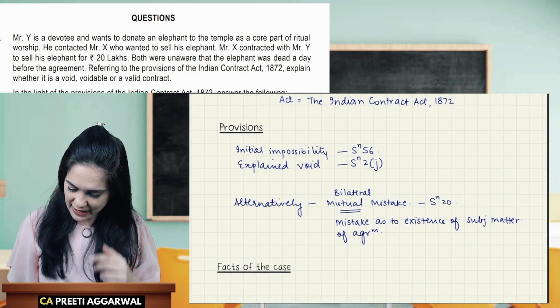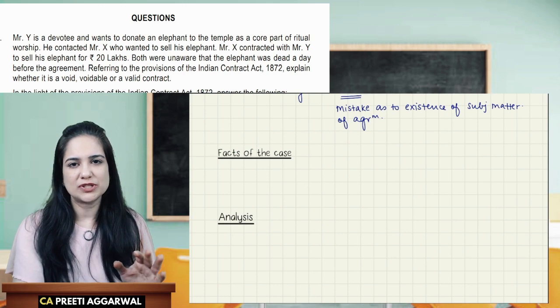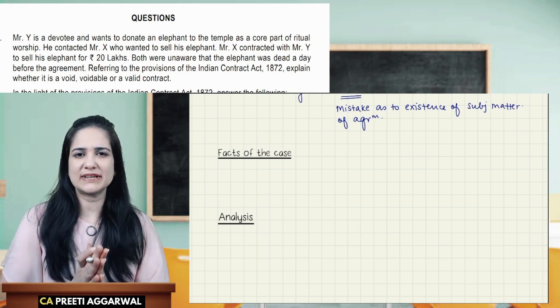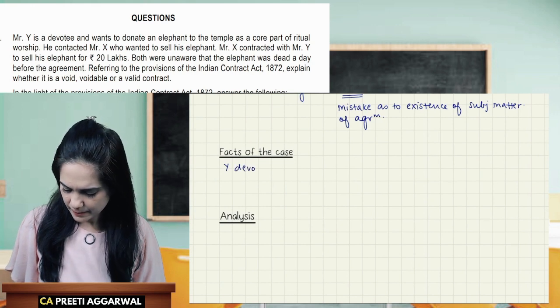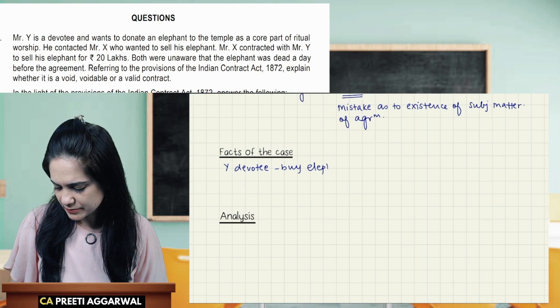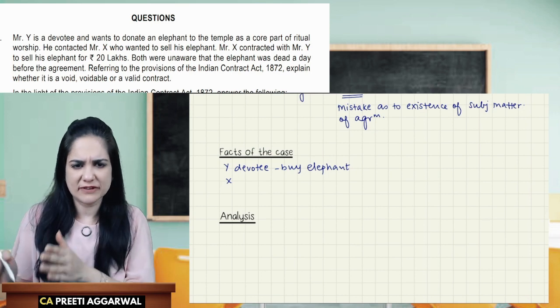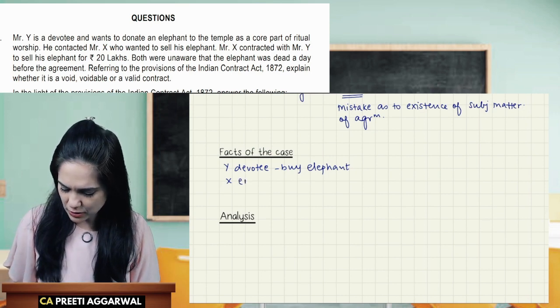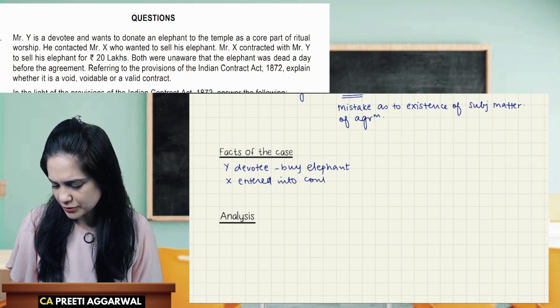Now, in the facts of the case, what will you write? You just have to frame the question in your own words, just combine 2 or 3 sentences. So what will you write? A devotee wanted to buy an elephant, so he approached X and entered into a contract.